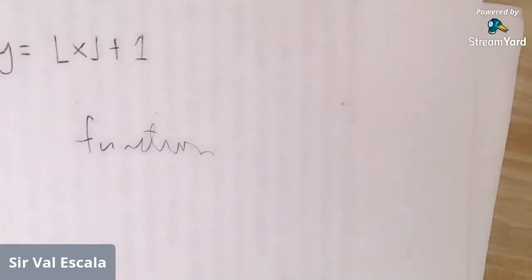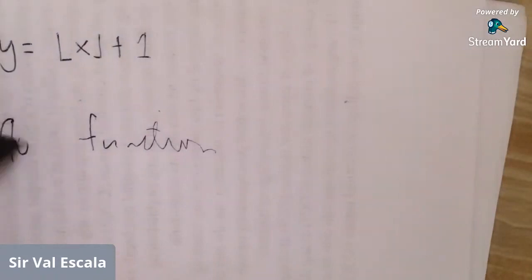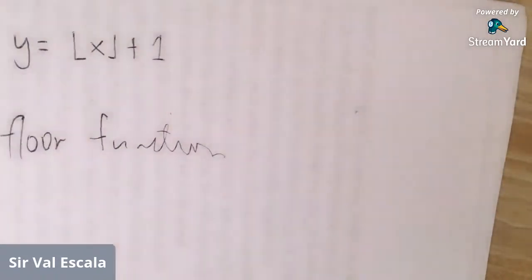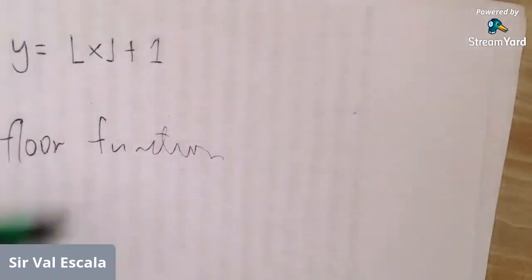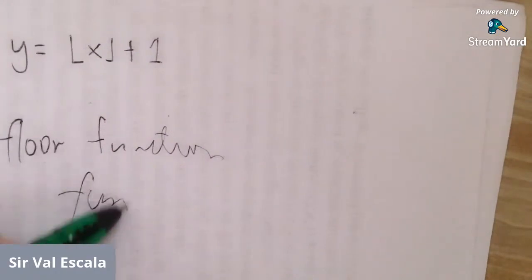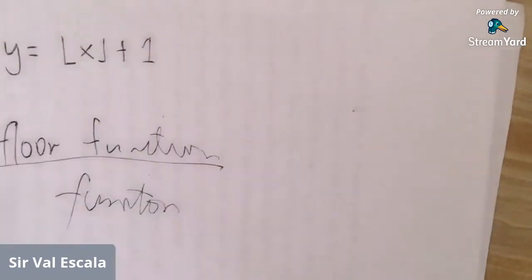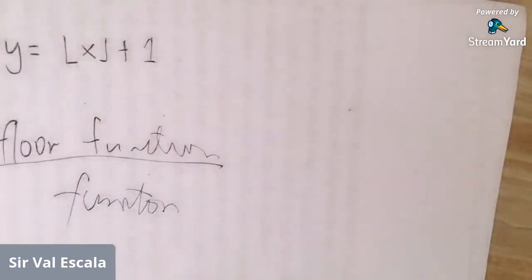Magbabago sana yung ating sagot kung i-count natin siya as linear function, pero hindi. Kasi gumamit na tayo ng another symbol, which is yung plural function. So, ang tawag sa kanya ay plural function. Ito ay function pa din, kasi kind of function siya. Plural function nga lang siya.